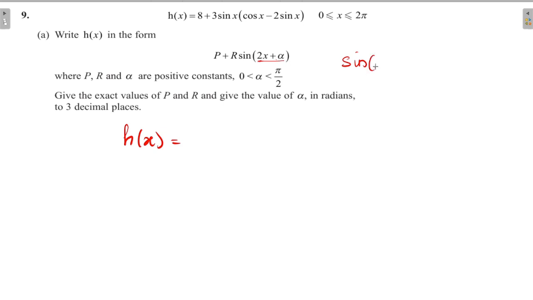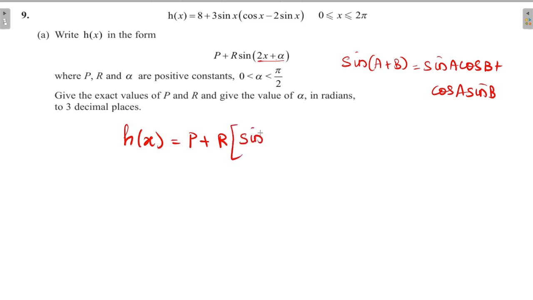So what is sine of a plus b? Using the double angle form, sine a cos b plus cos a sin b. So sine 2x cos alpha plus cos 2x sin alpha.